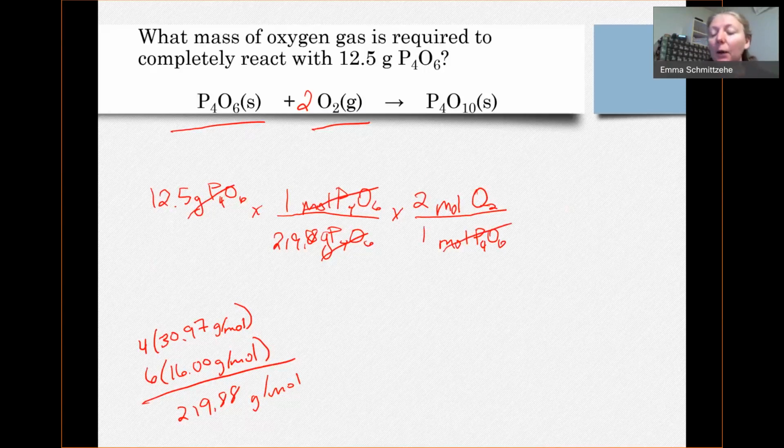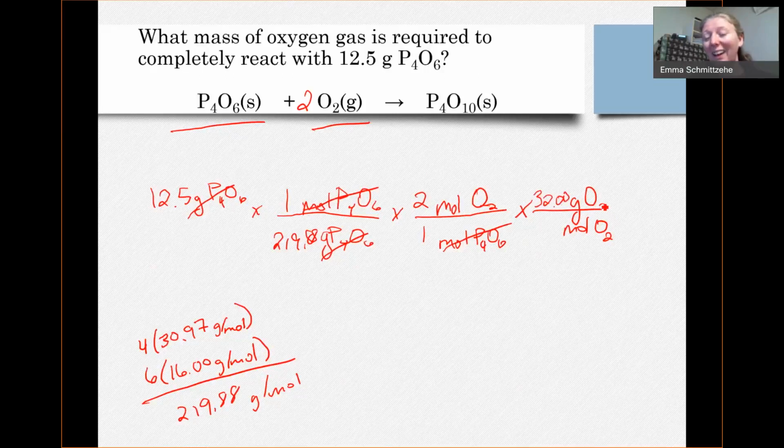And then I want mass of oxygen. So I want to convert my moles of oxygen to grams of oxygen. Okay, so you need the molar mass. When you look up oxygen, 16.00, and you have 2 of those in there, so that's 32.00, right?